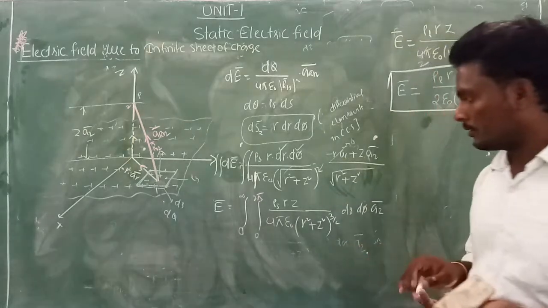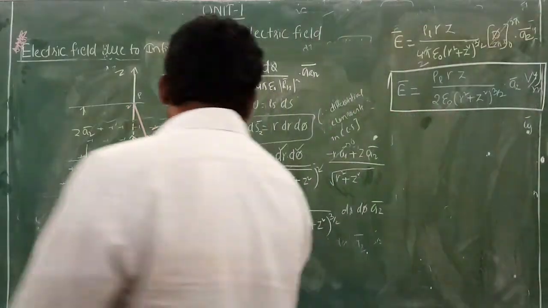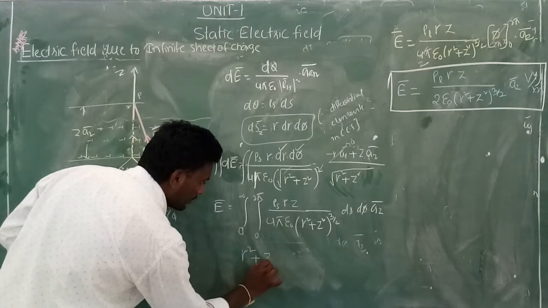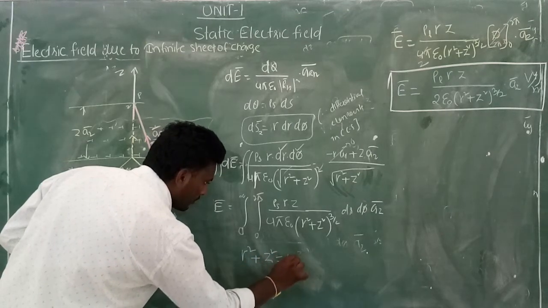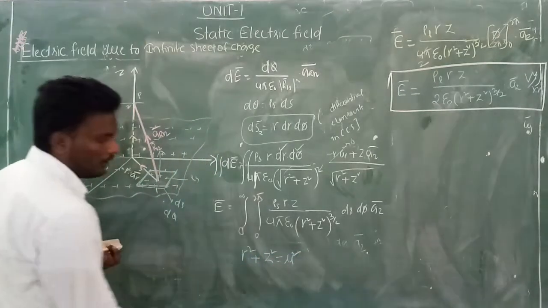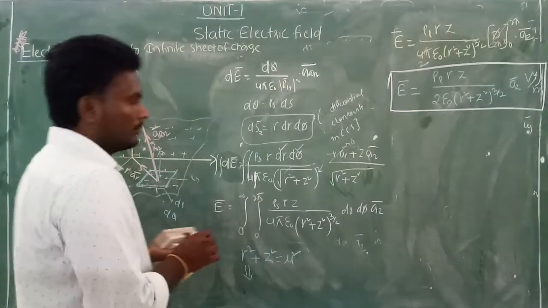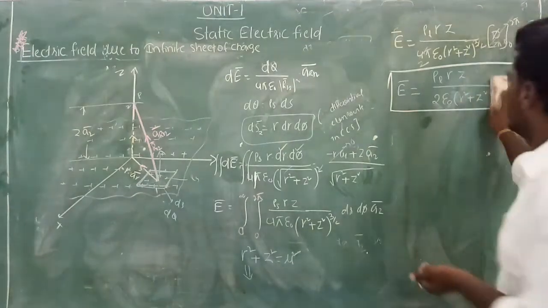You do the integration. This is also done by the substitution method. Just consider r square plus z square equal to u square.